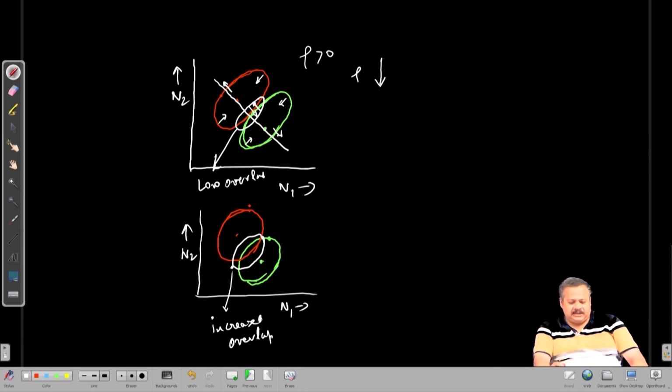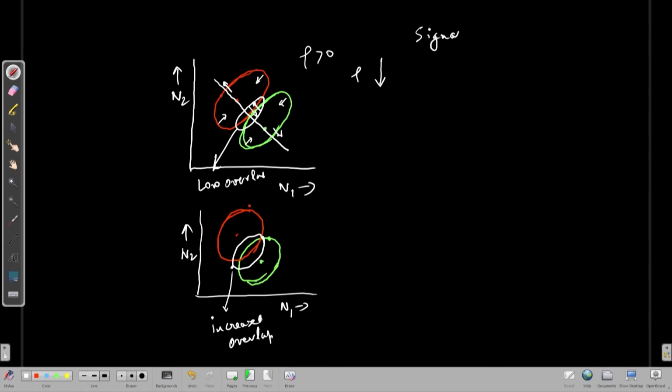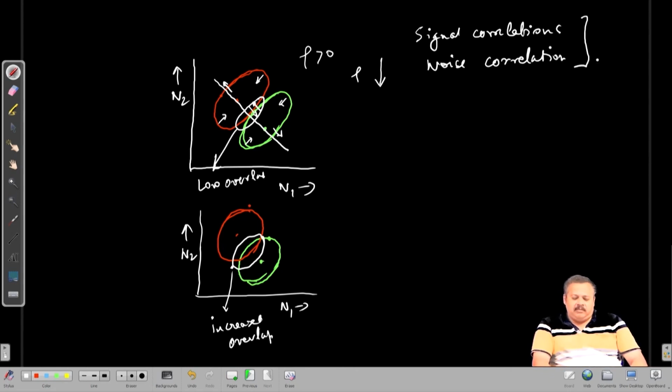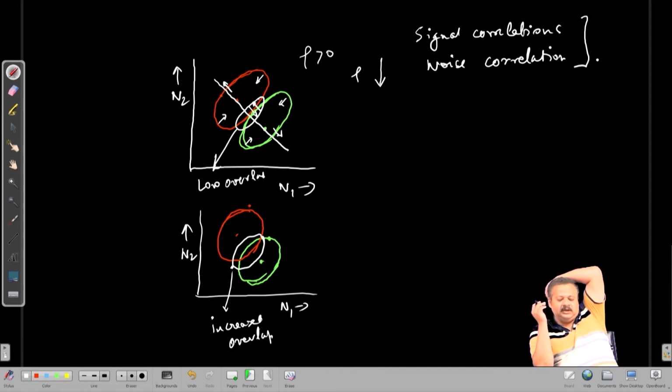So now you can imagine, depending on how the signal correlations and noise correlations are, their combination can play a significant role in the decodability of responses, or finding out what stimulus was being played based on the responses.